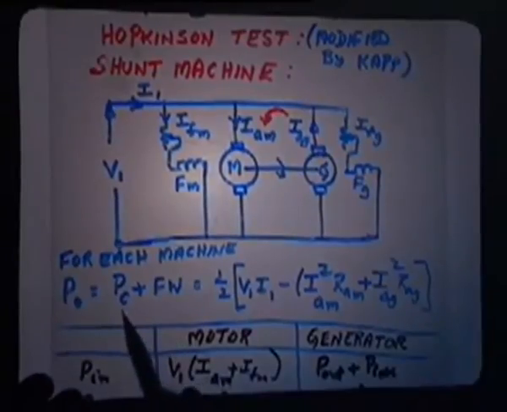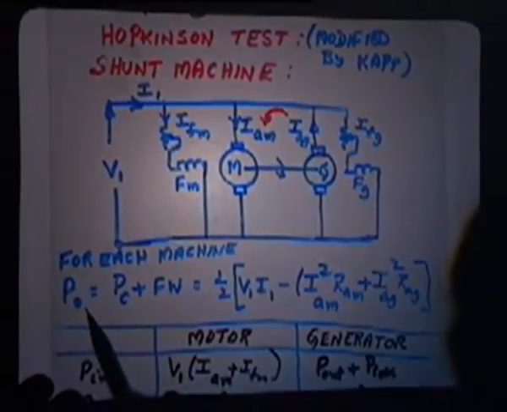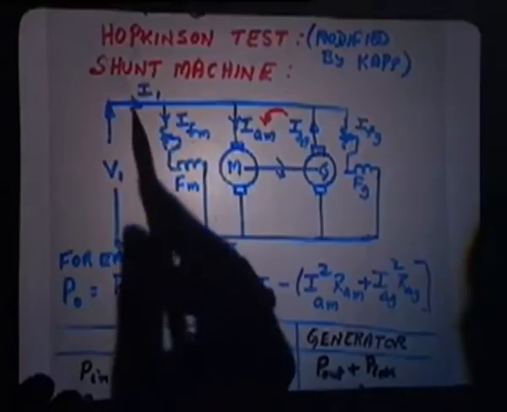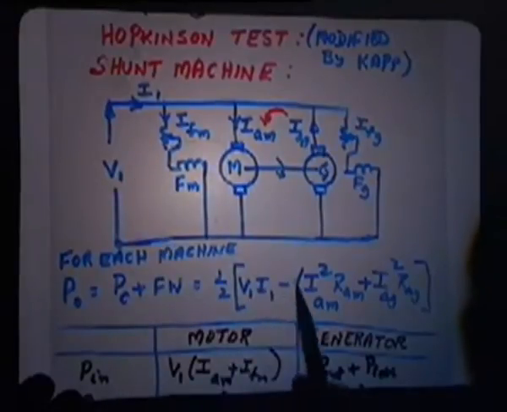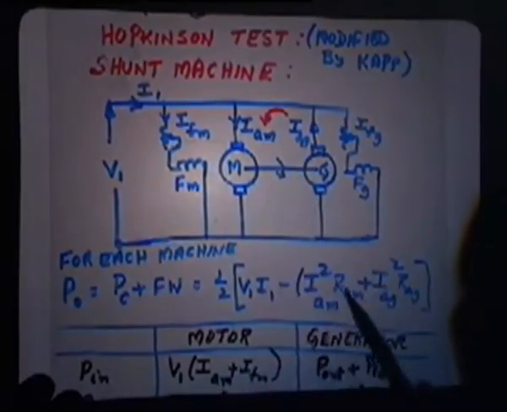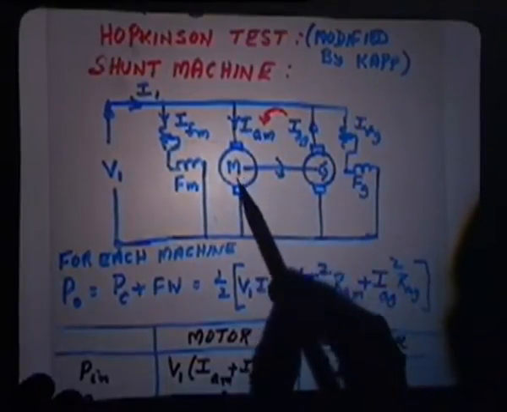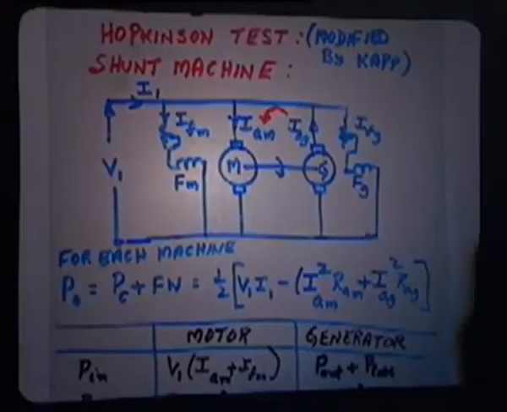This is the friction windage. Let us say P naught is the constant losses, that is core loss plus friction windage, which is half of V1 I1 minus the loss here, that is IAM square into RAM. RAM is the resistance of the armature winding here.